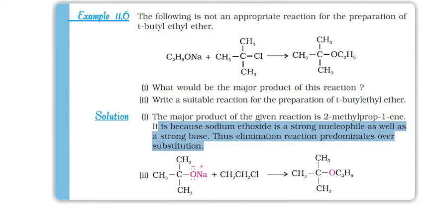So if you take tertiary alkoxide with primary halide, the Na goes with Cl, giving you minus NaCl, and the whole CH3CH2 part joins with O as a bond, giving you ether. Let me show you the flow chart that I showed in the previous video tutorial.